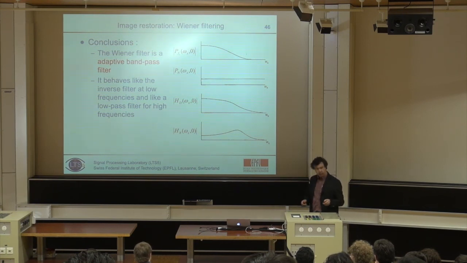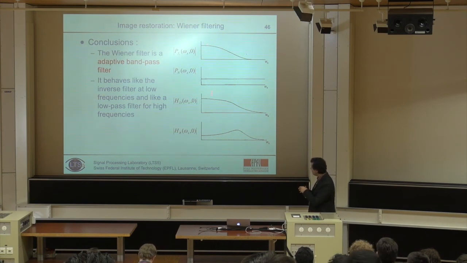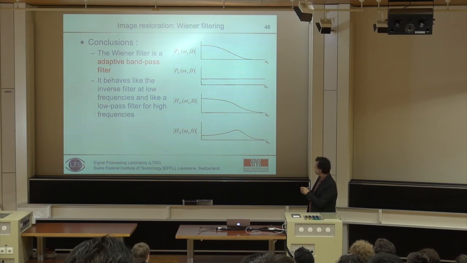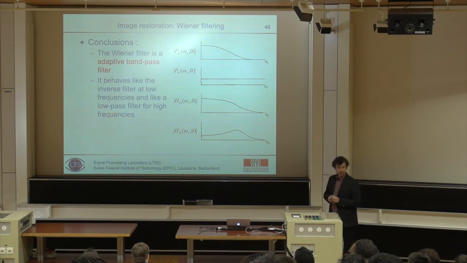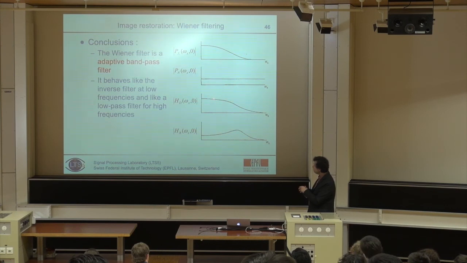What the Wiener filter will do is that for each frequency, that one, that one, that one, it will estimate this ratio between the power of the image and the power of the spectrum of the noise. Let's take that frequency here. This is the axis of frequencies. For that frequency, obviously, I have a high power in the image, higher than the power of the noise. After degradation, I have more power in the image than in the noise.